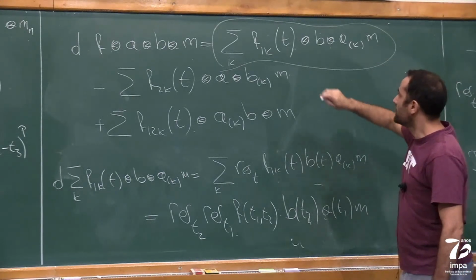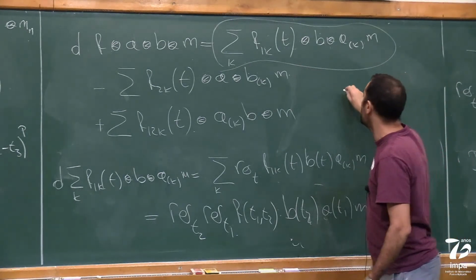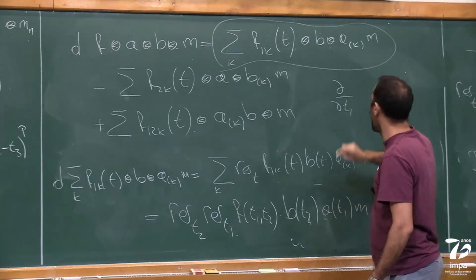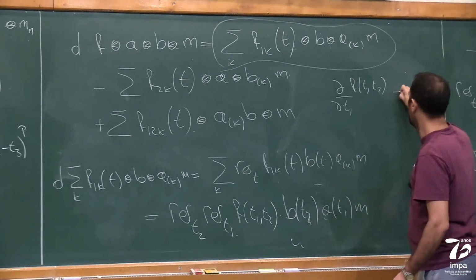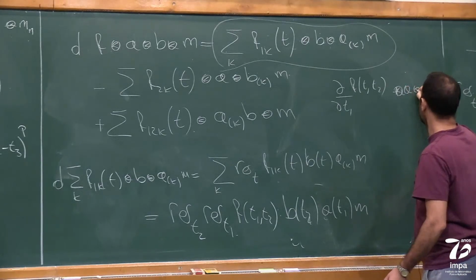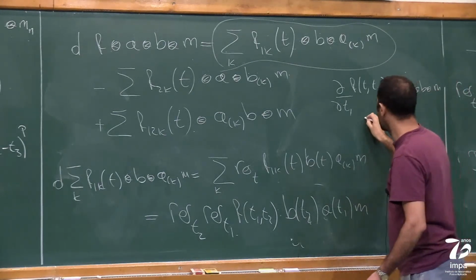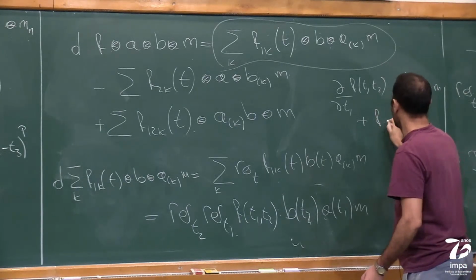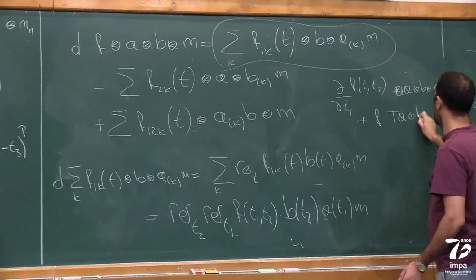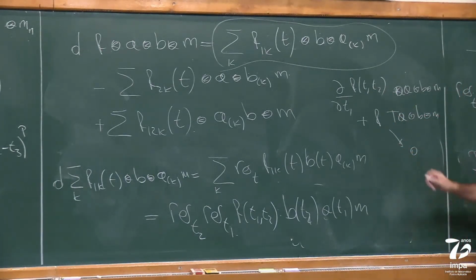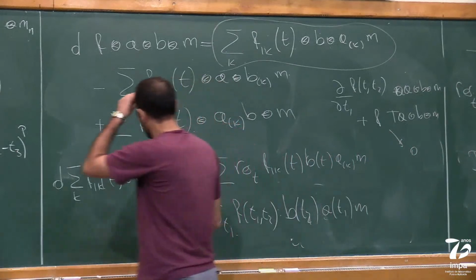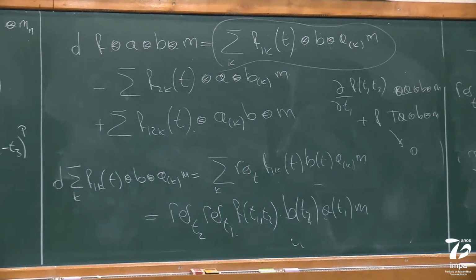And since this is a residue, the same argument as before says that I can just trade the derivative with respect to t1 of f of t1, t2 by tensor A, tensor B, tensor M, or I can just take the original f times t of A, tensor B, tensor M, and this goes to 0. Again, by integration by parts. So this goes down to that quotient by d by dt and the translation operation acting on the ith factor.